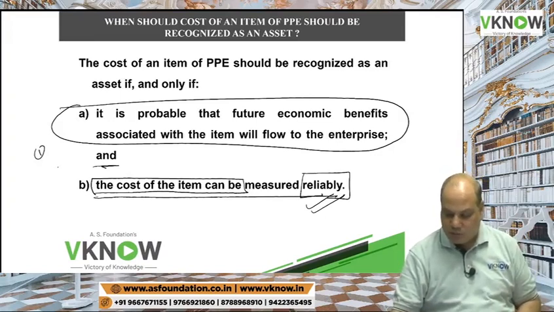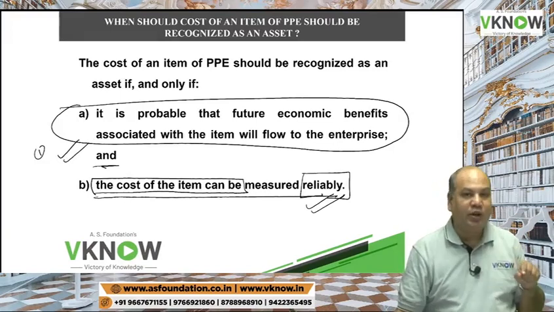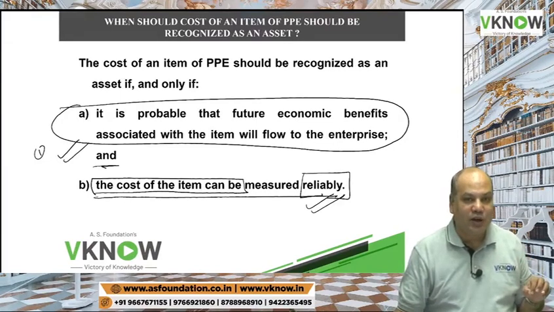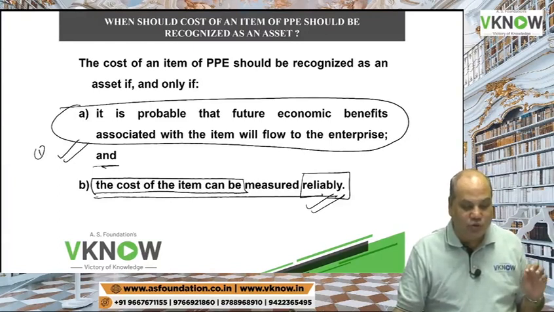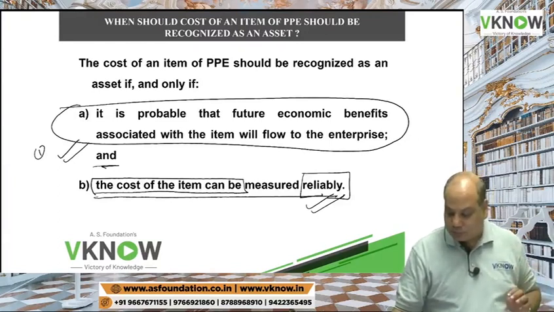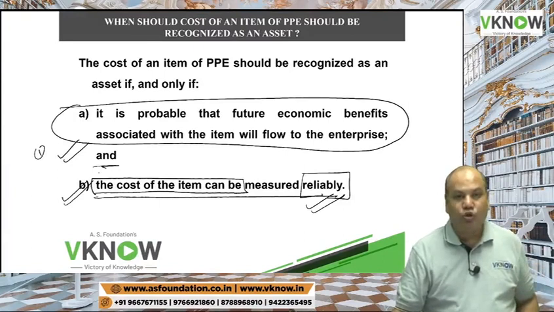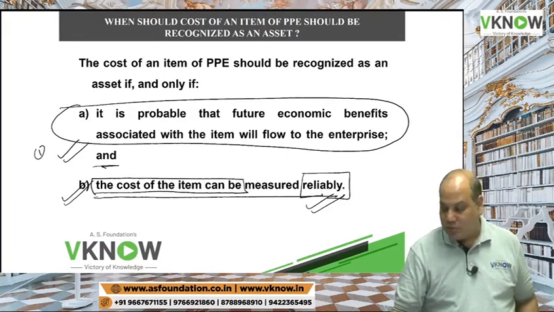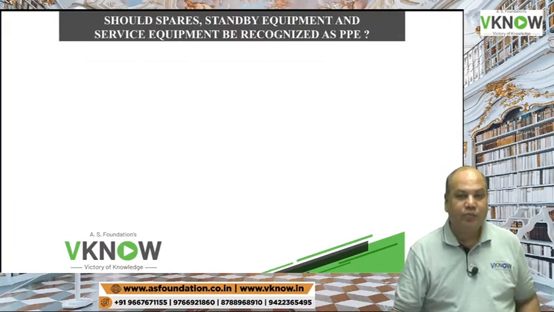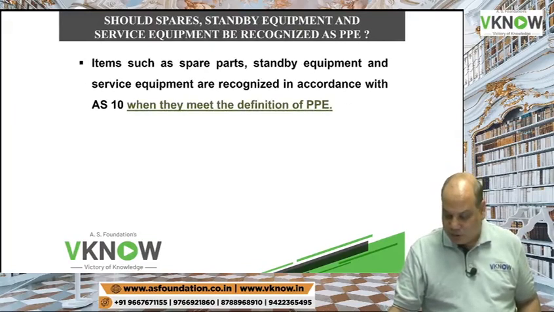So condition number one is sometimes difficult to fulfill, and in that case, we are not going to capitalize that expenditure. Rather, we are going to charge it to the P&L account. And if the cost can be measured reliably, then we will capitalize the PPE.